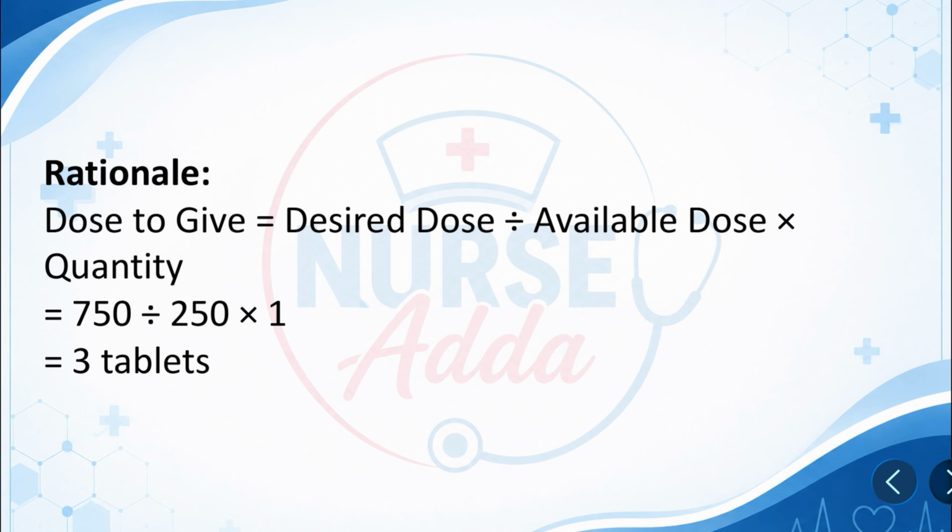Rationale: dose to give is equal to desired dose divided by available dose into quantity. So here the desired dose is 750 and the available dose is 250 and the quantity is 1. 3 tablets is the right answer.